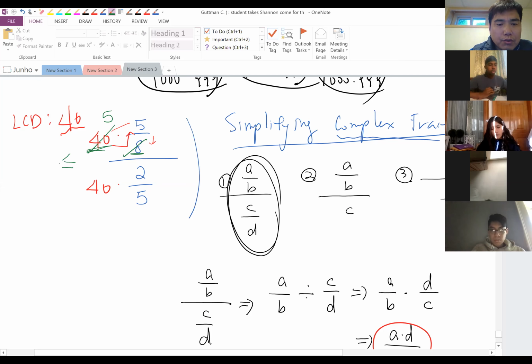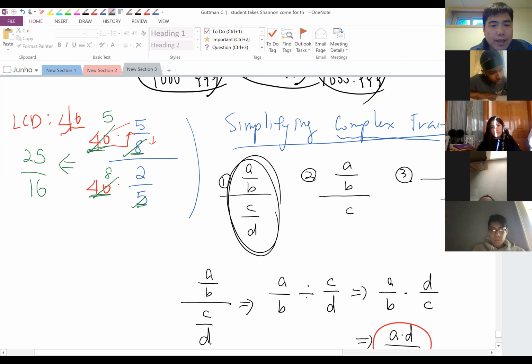So our numerator becomes 25. And now 40 divided by 5 is 8, and 8 times 2 is 16. So our answer becomes 25 over 16.